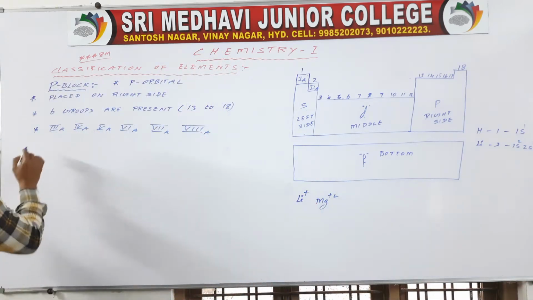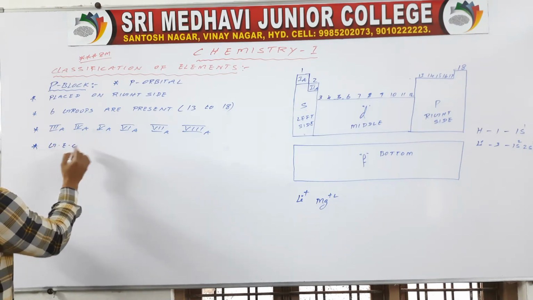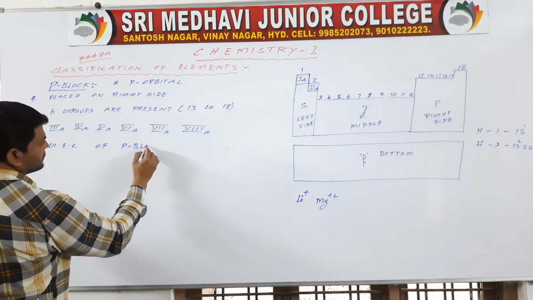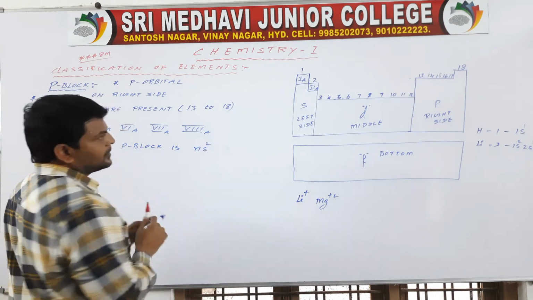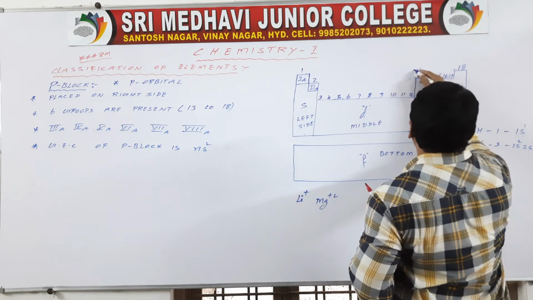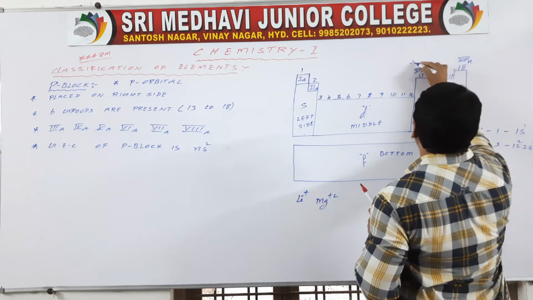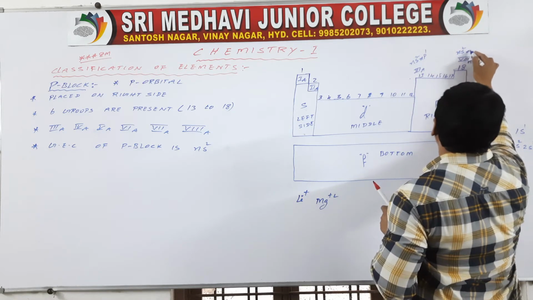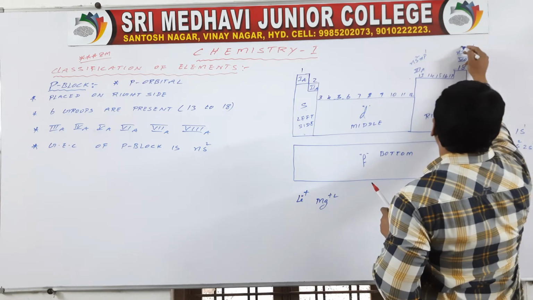Okay. Then the general electronic configuration of p block is ns2, meaning it has 3rd A and 8th A. It has ns2 np1, it has ns2 np6.